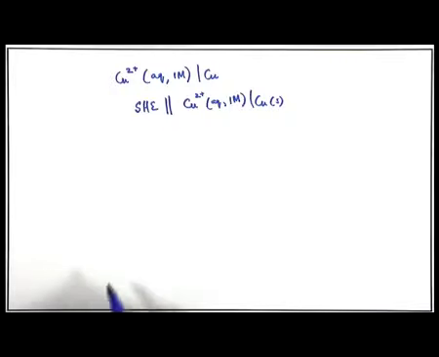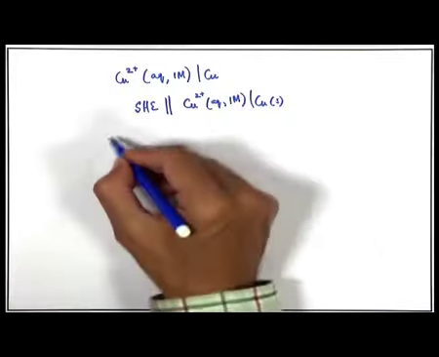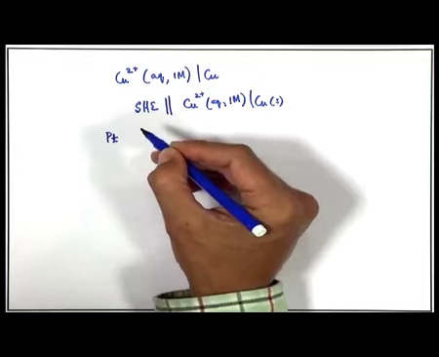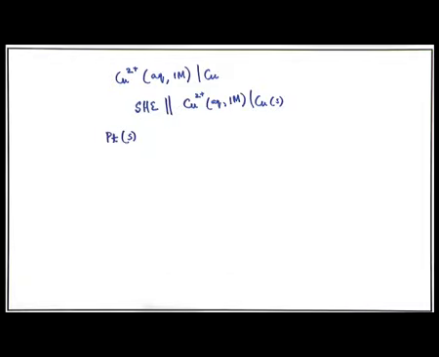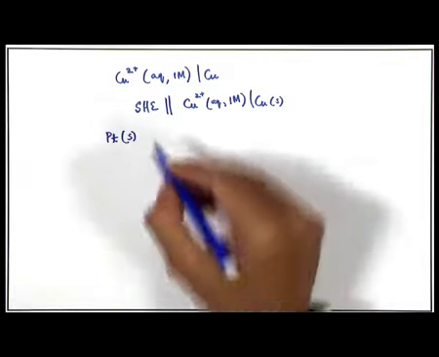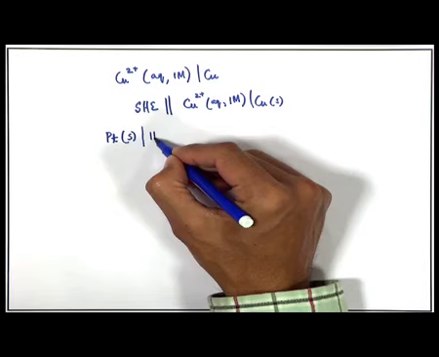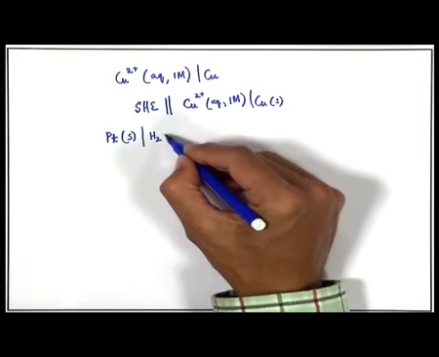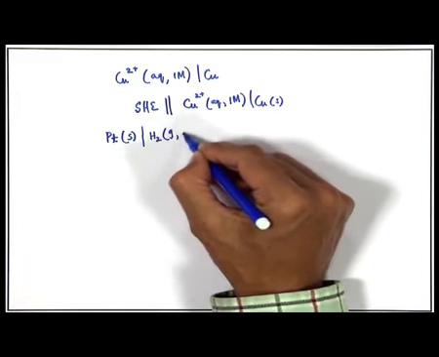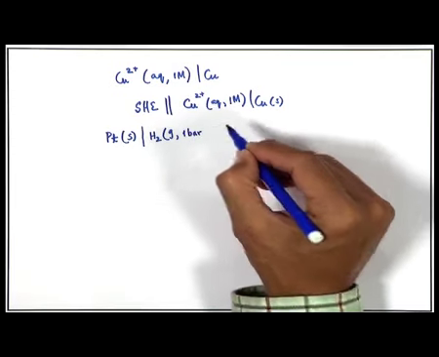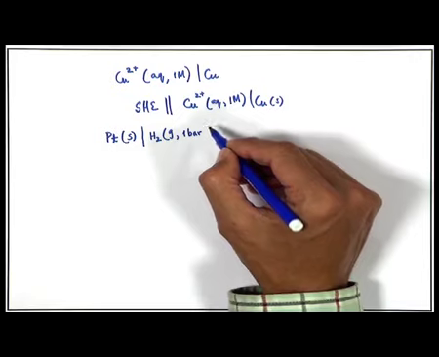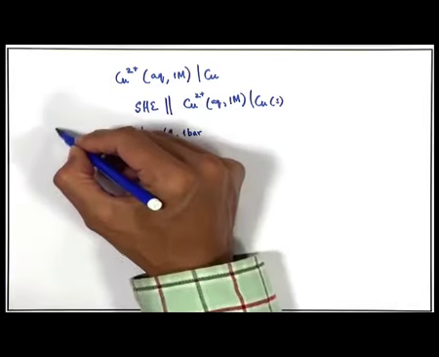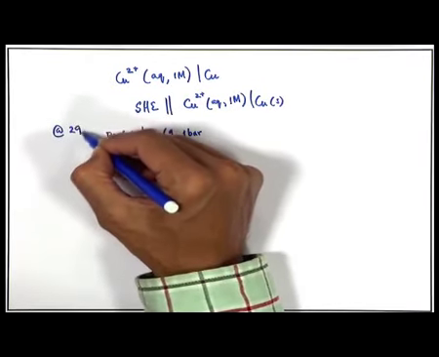So, more explicitly, Pt platinum solid, the platinized platinum electrode, then you pass pure hydrogen gas at 1 bar pressure, and do all the measurements at say 298 Kelvin.